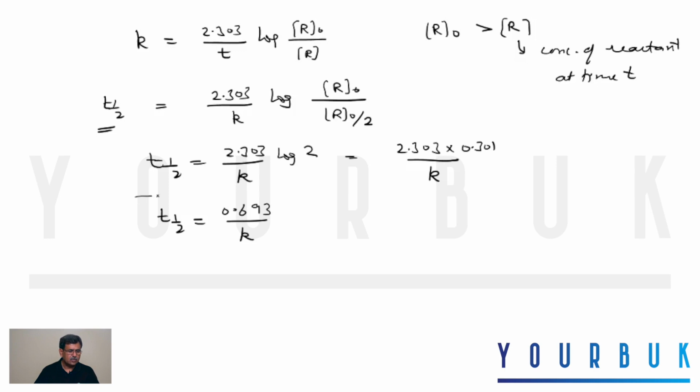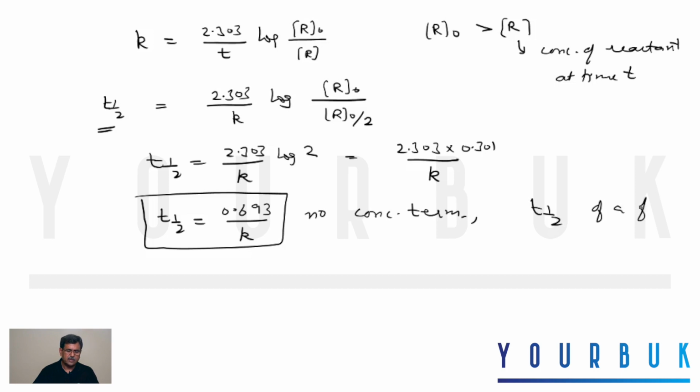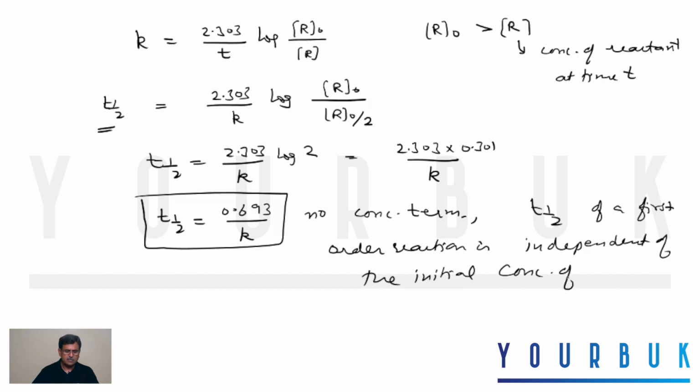And since no concentration term is involved in this, there is no concentration term, it means the half-life of a first order reaction is independent of the initial concentration of the reactant.